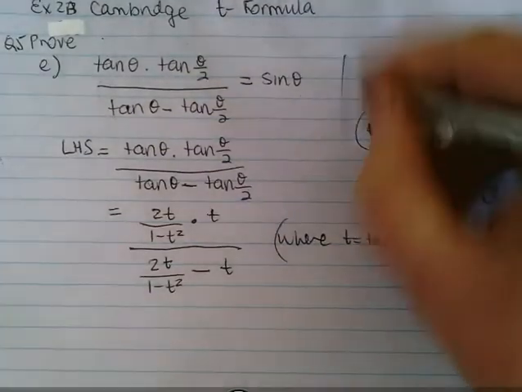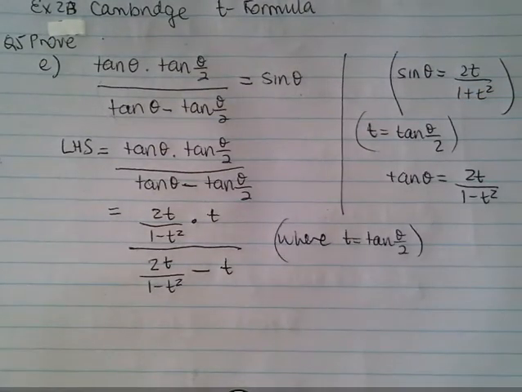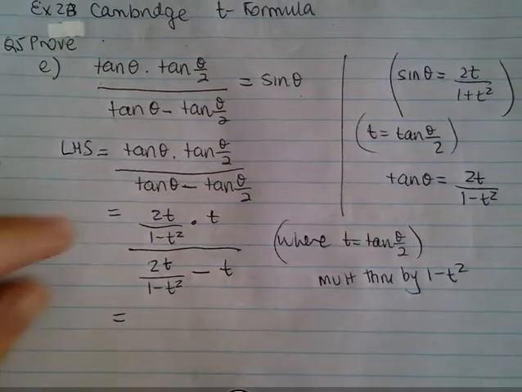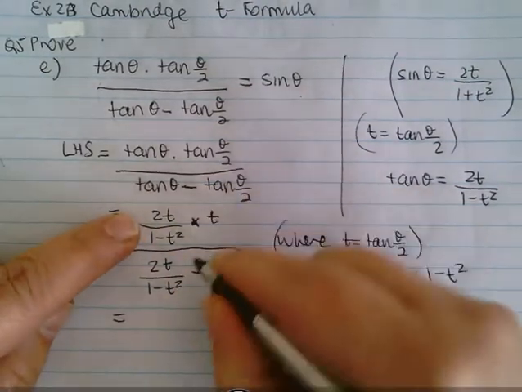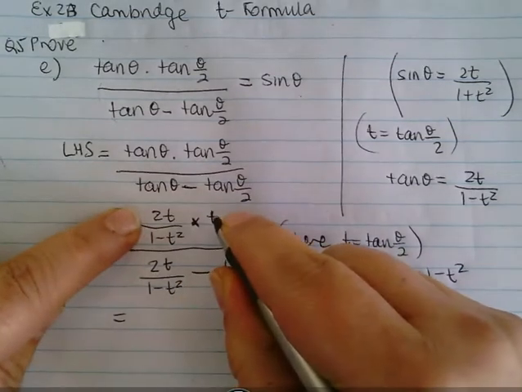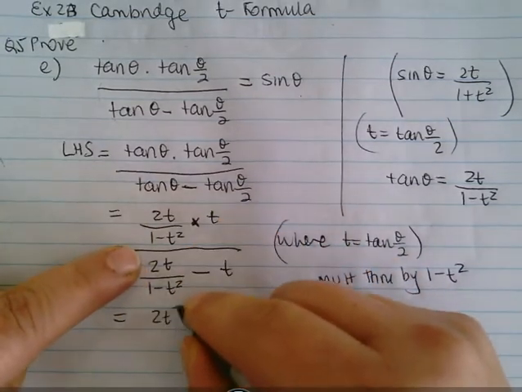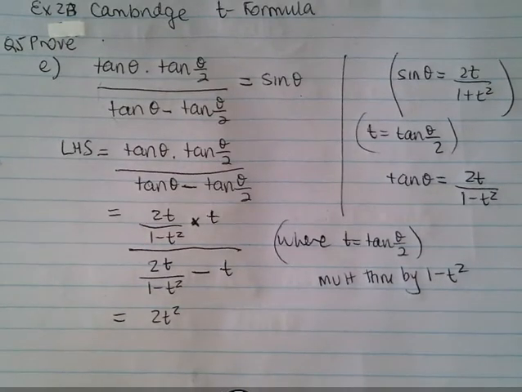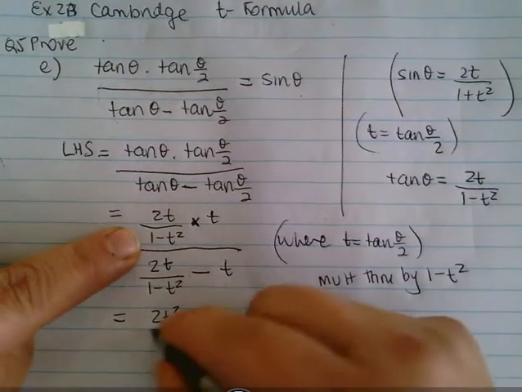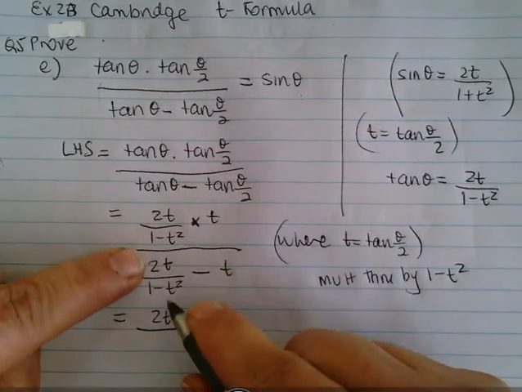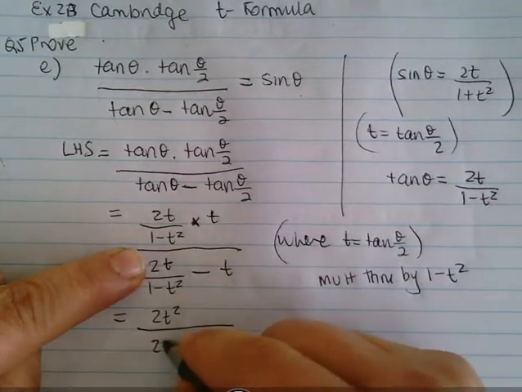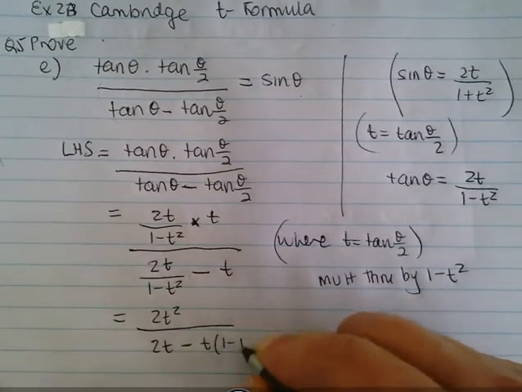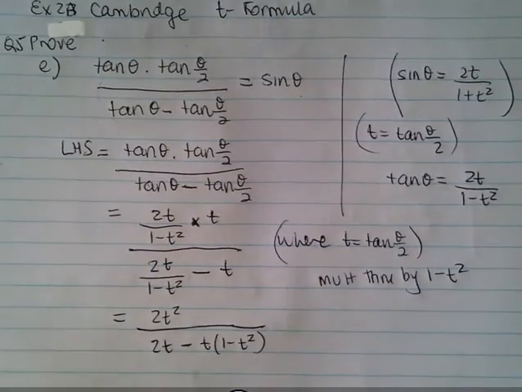So this is all my stuff on the side. We need to get rid of these 1 minus t squared denominators. This is 2t times t, so that numerator is 2t squared. When I multiply that numerator by 1 minus t squared, I lose the denominator of 1 minus t squared. When I multiply this by 1 minus t squared, the denominator goes, I just get 2t. And when I multiply the t by 1 minus t squared, I just multiply it by 1 minus t squared.